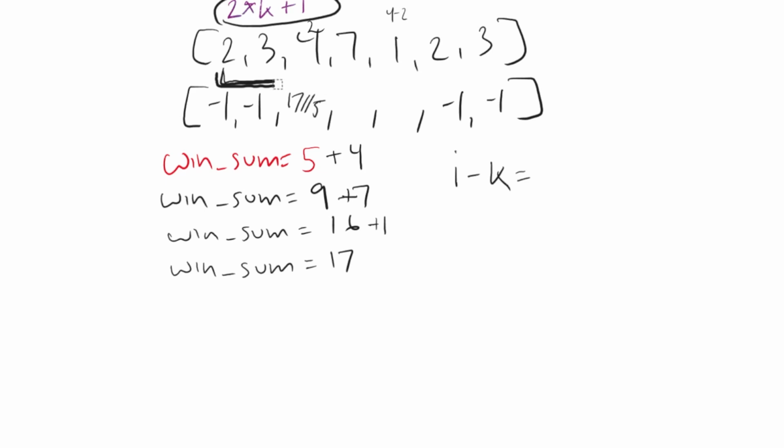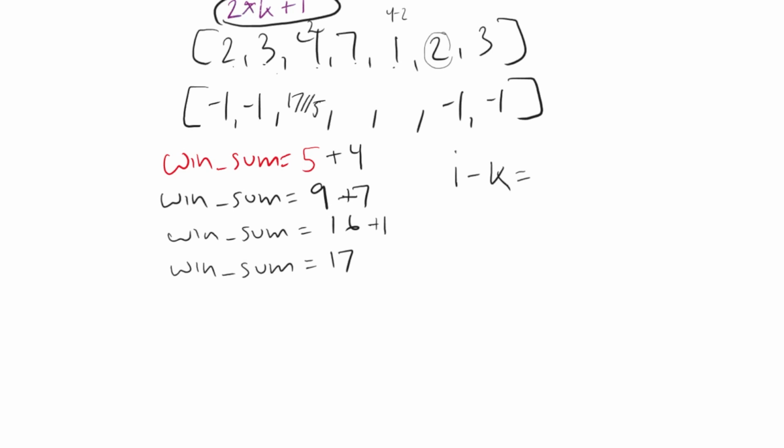We add a new number to our window. But before we add a new number to our window, what we should do is subtract. So previously we had 2, 3, 4, 7, and 1, right? Now we're going to add the number 2, this 2 right here, to our window.